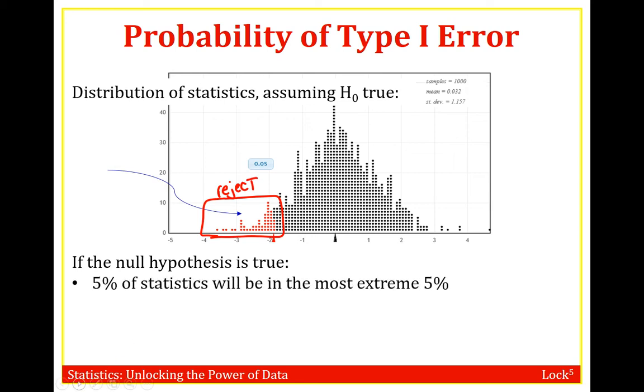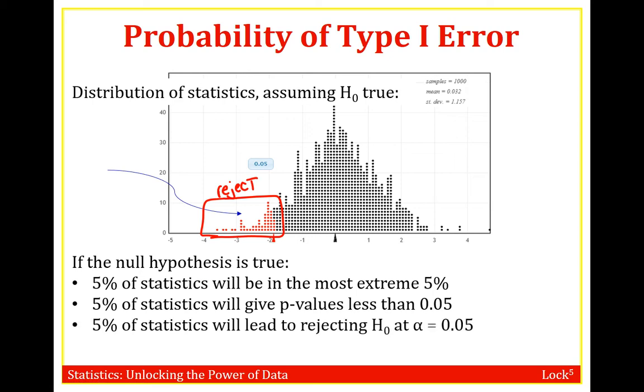So if the null hypothesis were true, 5% of the statistics will be in the most extreme. There are 5% of the data points floating around out there on the left-hand side. So what does that mean for me? It means 5% of those statistics will give me a p-value of less than 0.05. What will I do with those values? I would reject with those values. So 5% of these stats will lead to me rejecting H0 at an alpha level of 0.05.